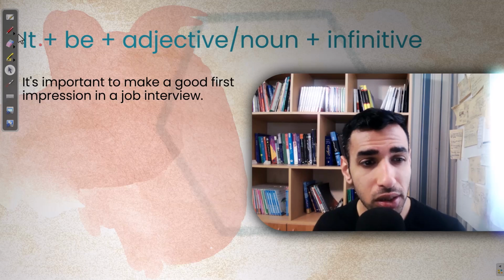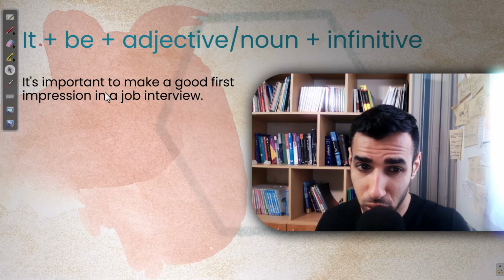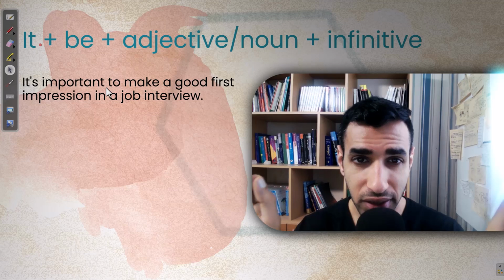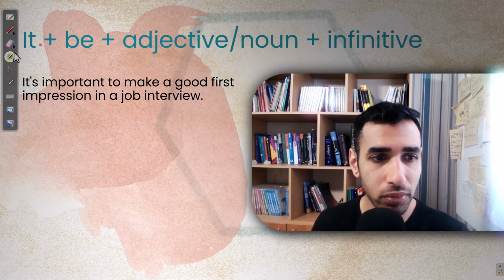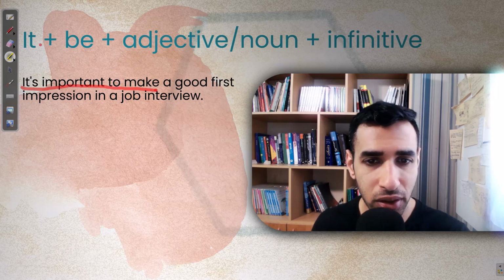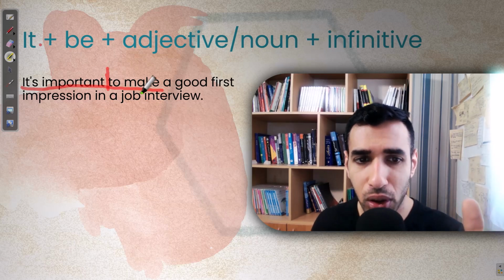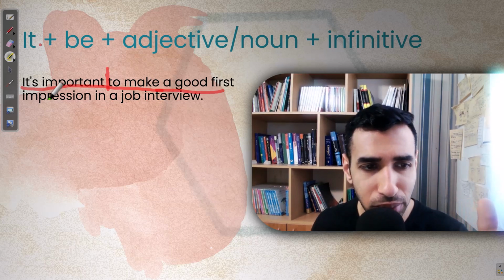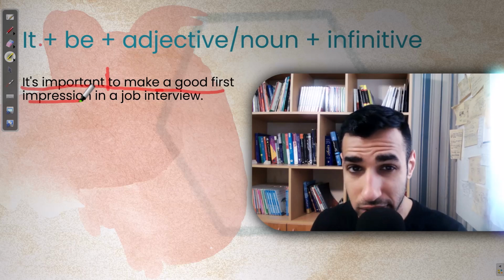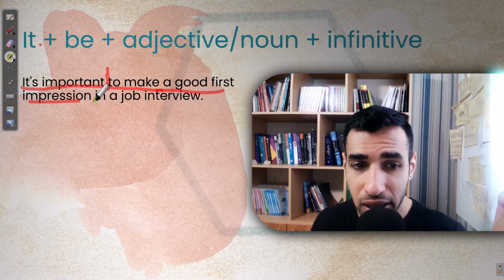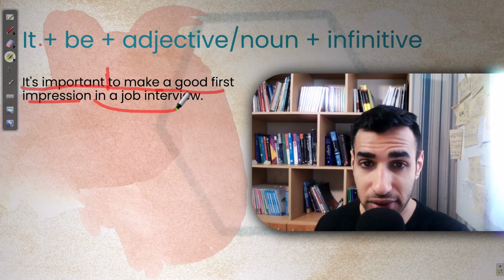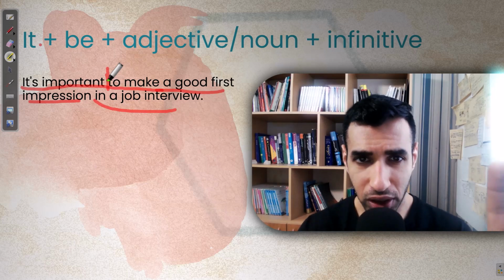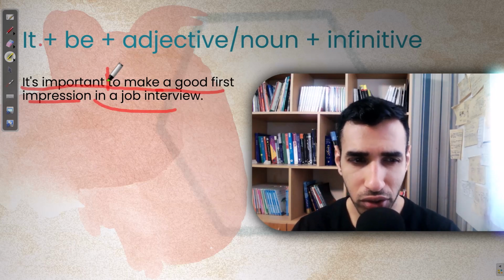It's important, independent clause, to make a good first impression is our infinitive phrase, and the rest of the sentence is more explanation about the infinitive phrase. Now, I want you to pause the video and convert it to a gerund phrase.